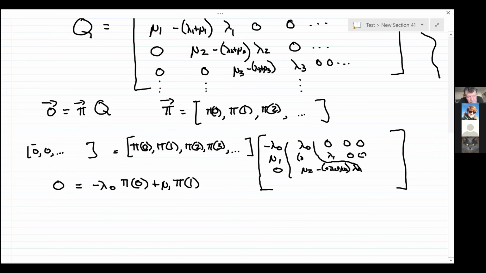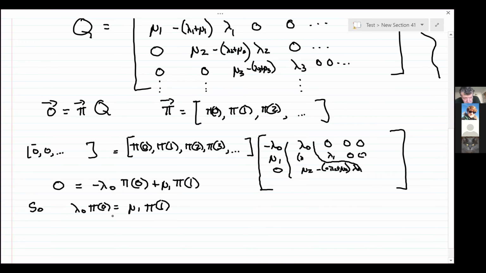From here, we can solve for pi 1 in terms of pi 0. So bringing this to the other side, lambda 0 pi 0 is equal to mu1 pi 1.